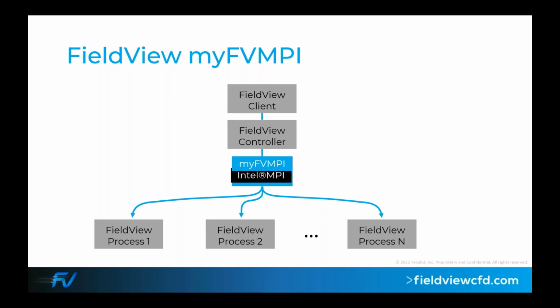Maybe it is Intel MPI, maybe it is MPICH, maybe it is OpenMPI. Those are the 3 most common distributions for MPI. And so with myFVMPI, the idea is that you can use any MPI that you want. And you can really rebuild myFVMPI against the MPI you have and use your own so that you get the best performance with FieldView Parallel.